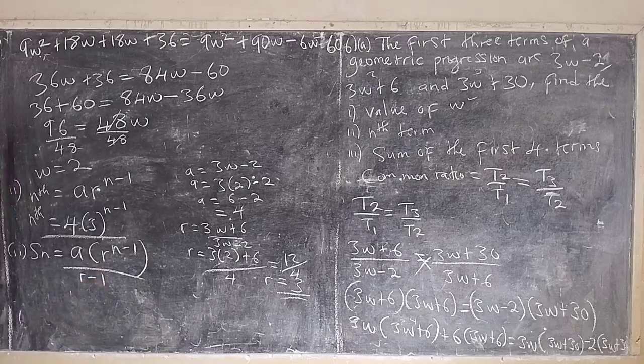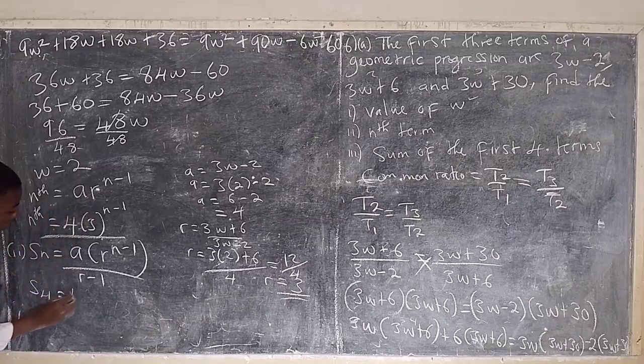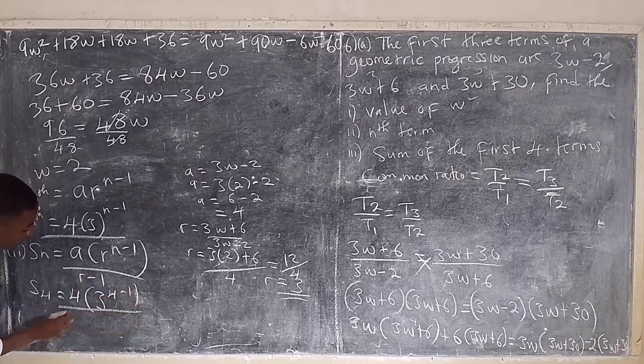This is the formula we use whenever the common ratio is greater than 1. So the sum of the first 4 terms should be equal to our a, which is 4, open brackets, our r is 3 raised to the number of terms 4, minus 1, then divide by our common ratio 3 minus 1.